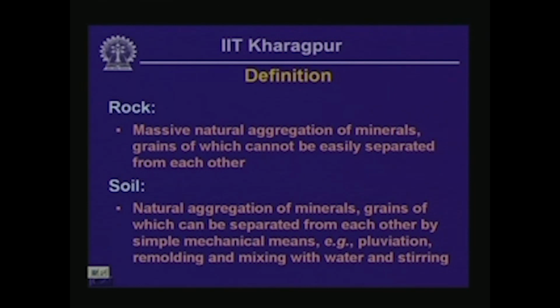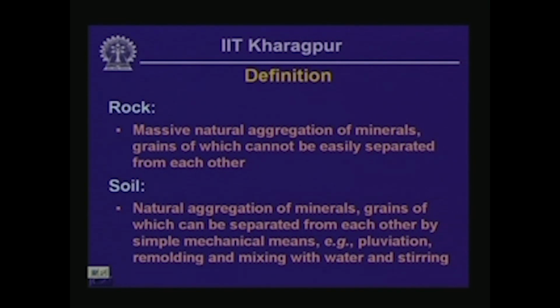And in the processes involved in separating the soil grains, you could imagine that soil grains can be separated from each other relatively easily, and you could separate the individual grains by simple processes like raining or pluviation of the soil mass, remolding and mixing of the soil mass with water and stirring.